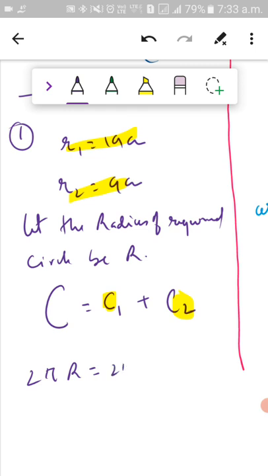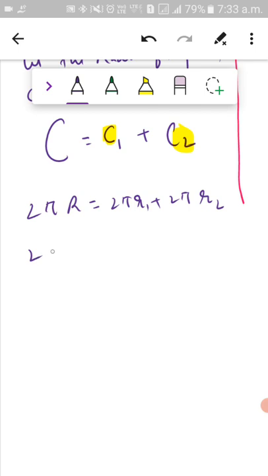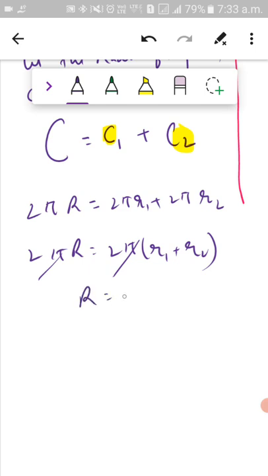So this is 2 pi r1 plus 2 pi r2. So what next, what we can do, 2 pi R is equal to, taking 2 pi common, r1 plus r2. Okay, so 2 pi cancelled by 2 pi, so we will have R is equal to r1 plus r2. So r1 is 19 and r2 is 9, so R is 28 centimeter.